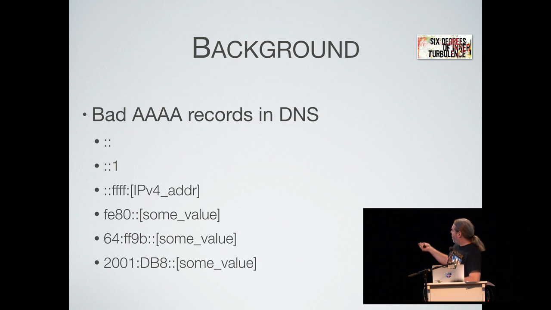Or ::FFFF and an IPv4 address. Or something crazy like this. Usually it doesn't go very far. It doesn't work. It breaks, because the translators for this are long dead. And don't tell me for the last one that the person did not copy-paste from the documentation, because that's a documentation prefix, right?